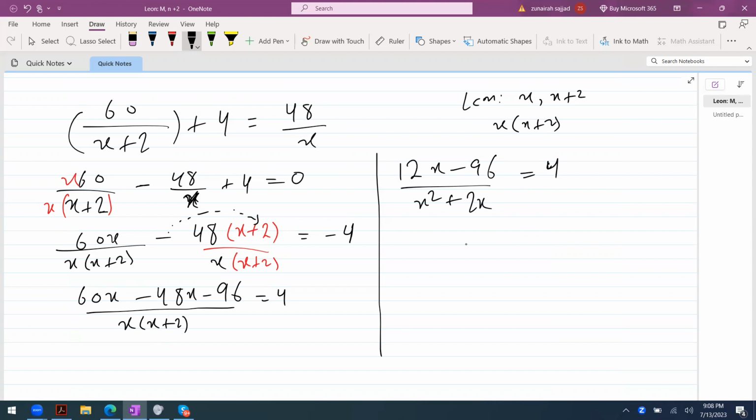Now you can cross multiply. 4 is 4 over 1 basically, so cross multiply. I'm sure everyone knows that. Sir, isn't it minus 4? Sorry, minus 4. Yes. So 12x minus 96 is equal to minus 4 into x squared plus 2x.